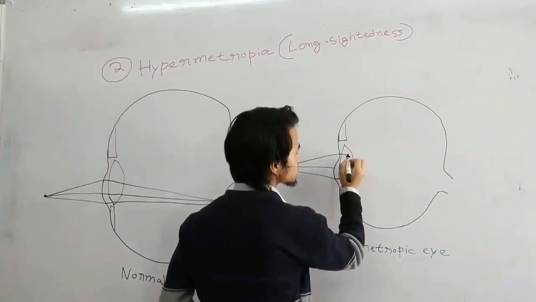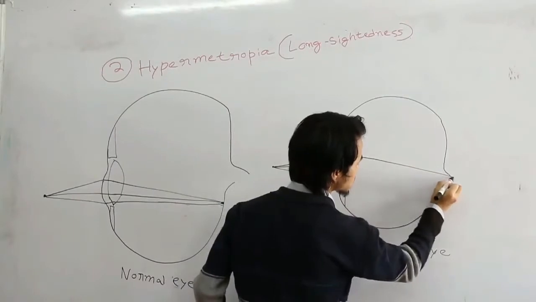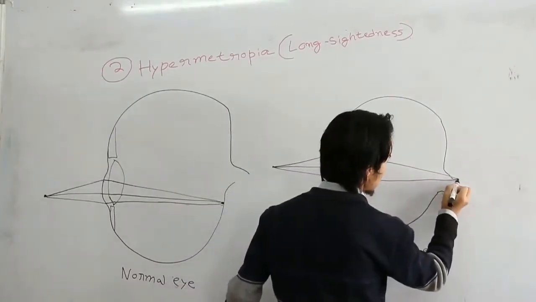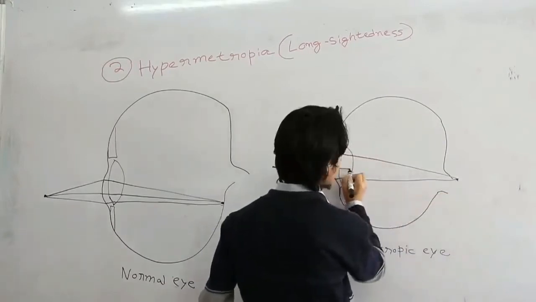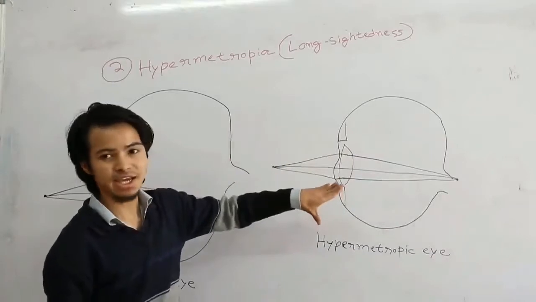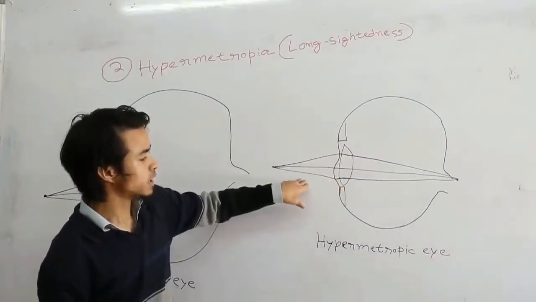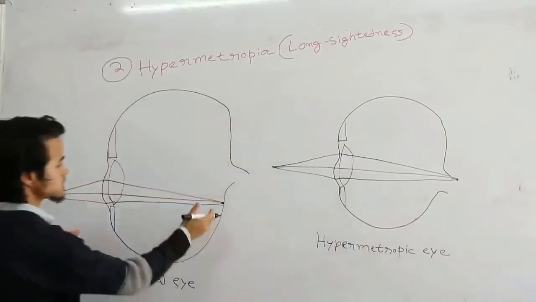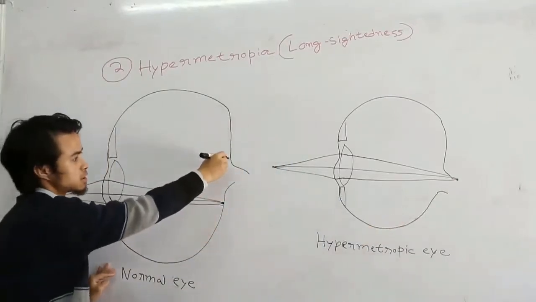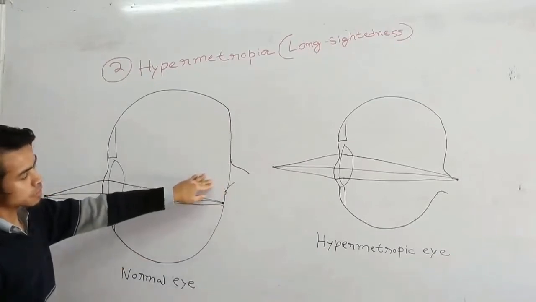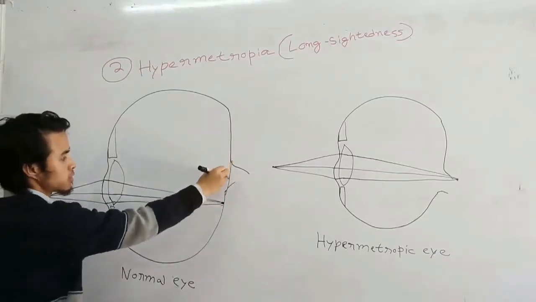And then the crystalline lens further bends those light rays. Because of the decrease in the size of the eyeball, those light rays will get focused behind the retina. This is the normal human eye, and this is the position of the retina.